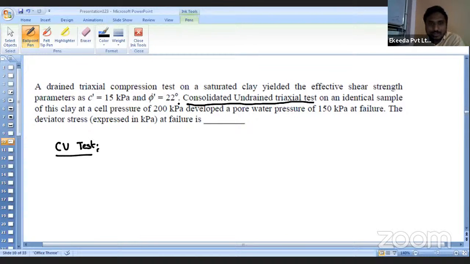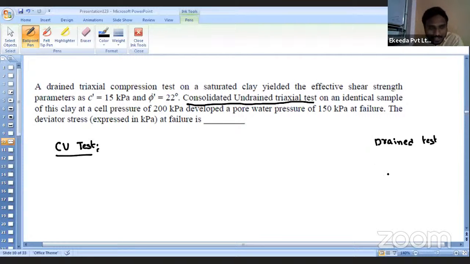So let us understand this once again. What they are saying: a drained triaxial compression test on a saturated clay yielded. That means at first we are conducting the drained test. If it is consolidated and drained, then what have they observed?